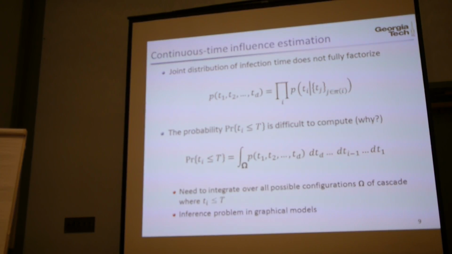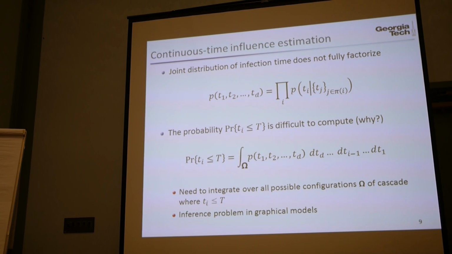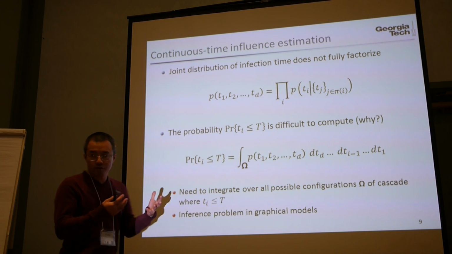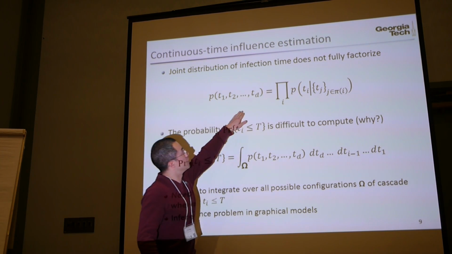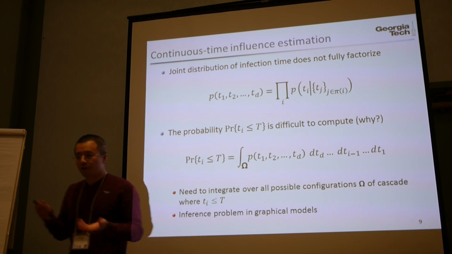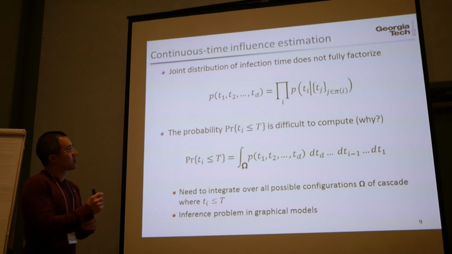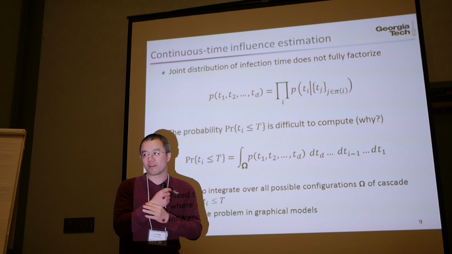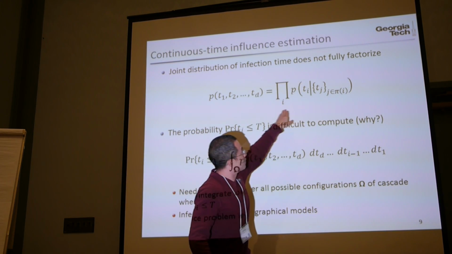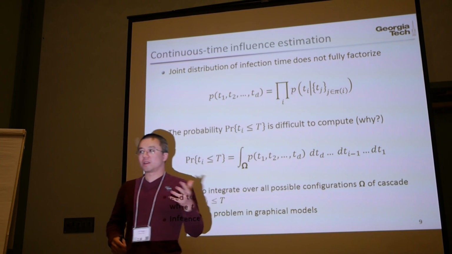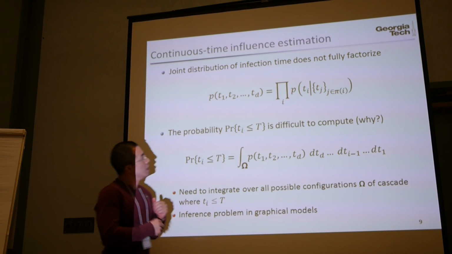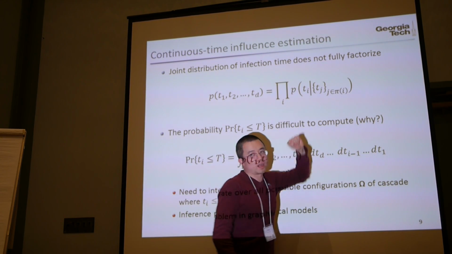Okay? So why is it so difficult to compute that objective function directly? We have this diffusion model. Effectively, we have defined a joint density for this collection of infection times. And it's actually highly related to a directed graph model where you have a bunch of factors brought together. Each factor is going to be the conditional density of the infection time of i given the parents.